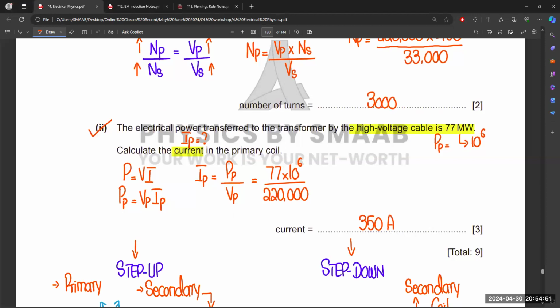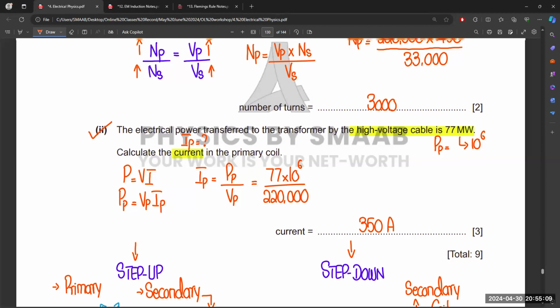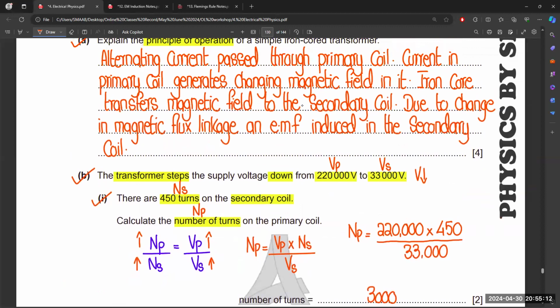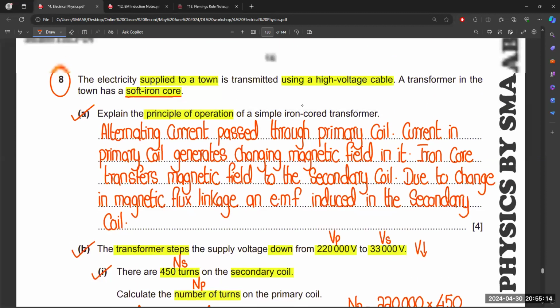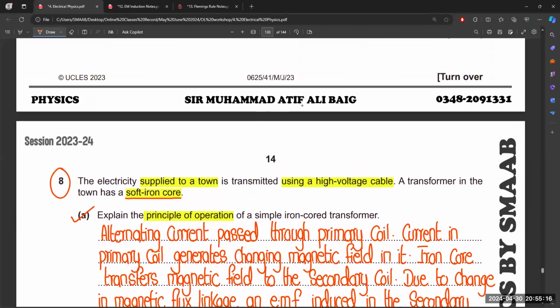So in this way, you can calculate the value of electric current. So in this way, you can find out the unknown quantities using the transformer. This is also based on electromagnetic induction.